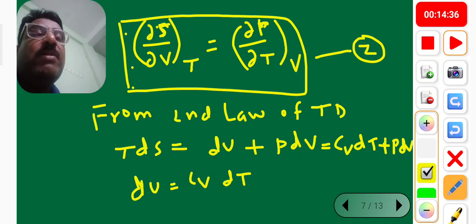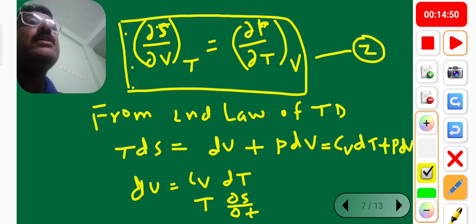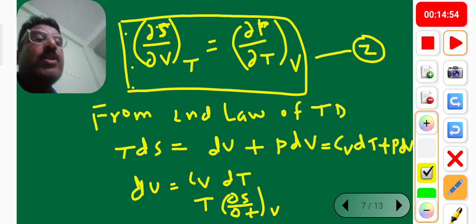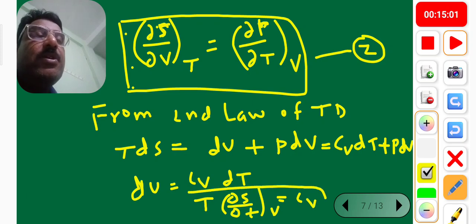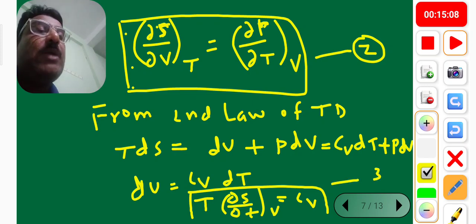So if you find T into (∂S/∂T), what is T into (∂S/∂T) at constant volume? T (∂S/∂T) at constant volume will be equal to Cv, isn't it? Let this be equation number 3.